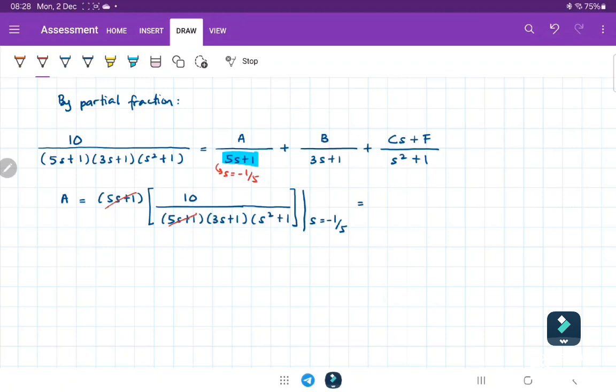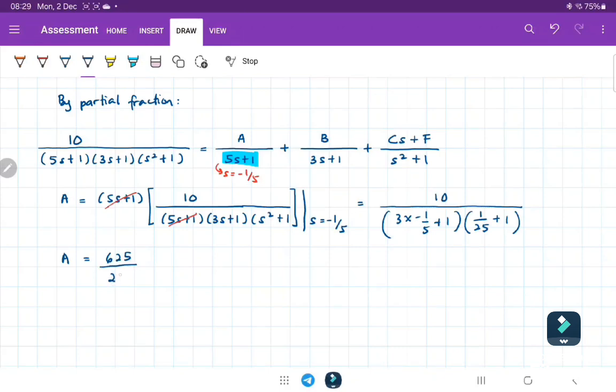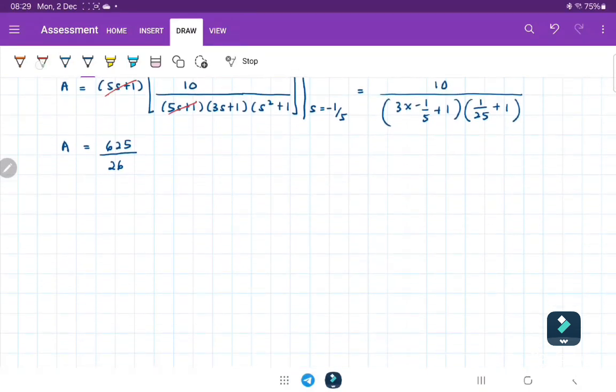Let's cancel first what we can cancel, and then we will have 10 over 3 multiplied by minus 1 over 5 plus 1, multiplied with minus 1 over 5 squared plus 1. That will give us 1 over 25 plus 1. So you solve that, and eventually A equals 625 over 26.